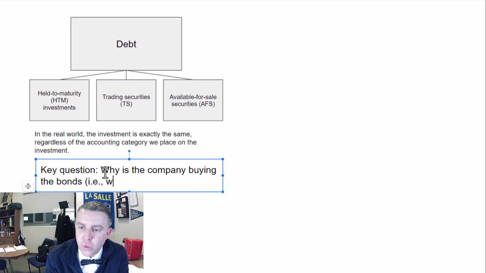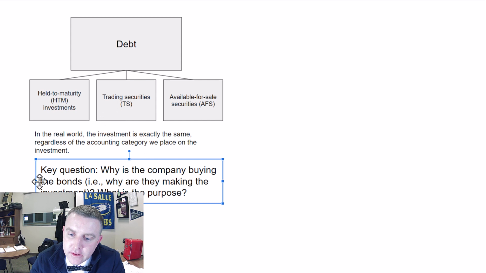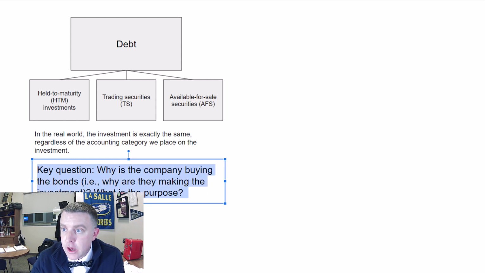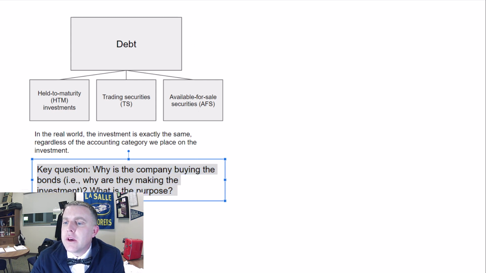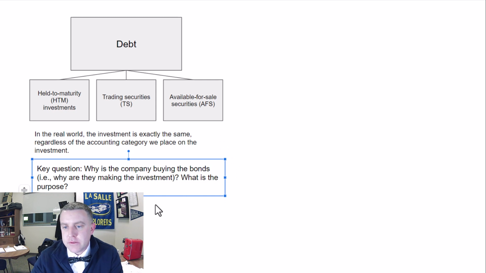Or in other words, why are they making the investment? What is the purpose? And this question is what leads us to having multiple categories here for accounting purposes. Let me shrink this a bit. So this is the key question we have to ask ourselves.